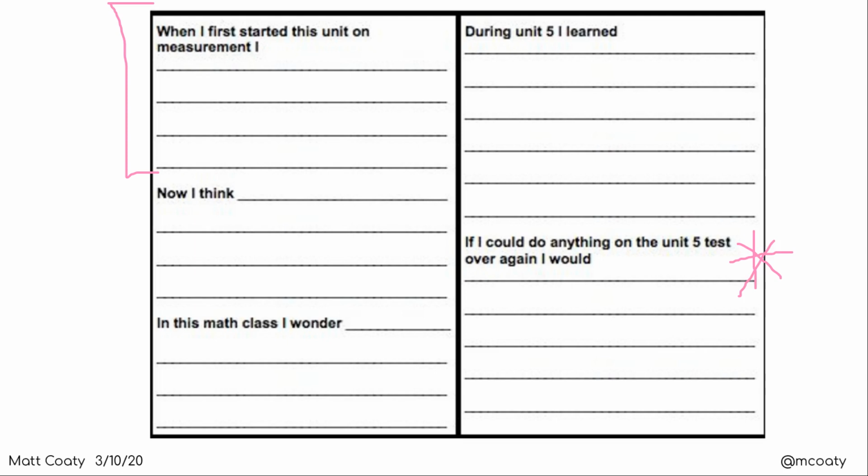And I find that students are really honest with this. Some of them are a little bit more particular, like they would possibly study more or concentrate more on line plots before the test. Or I would look at the pre-tests more, or I'd look over the quizzes. So a lot of study skill habits right there in that particular one.